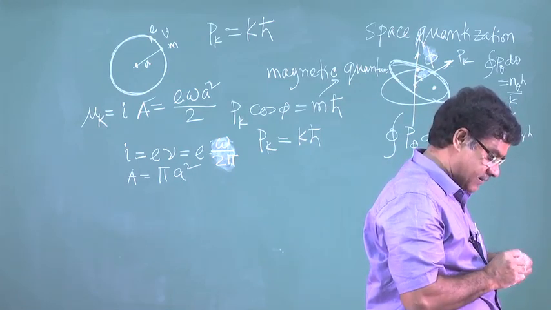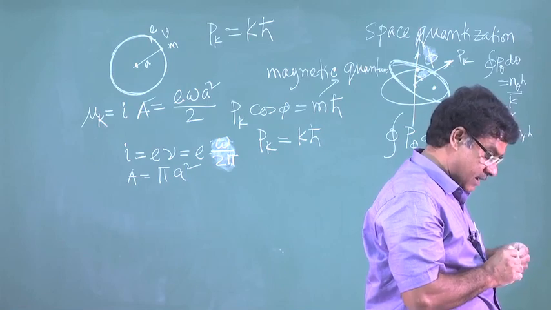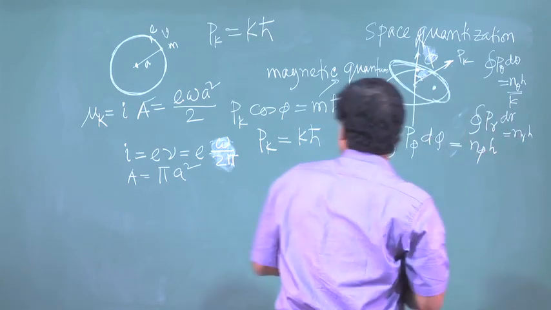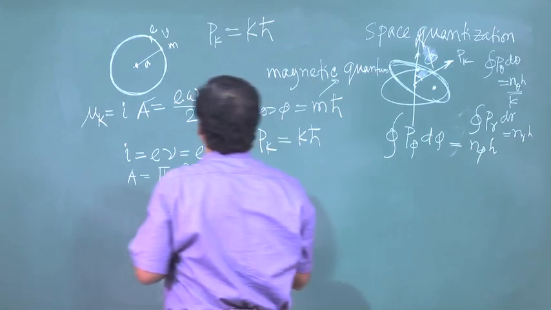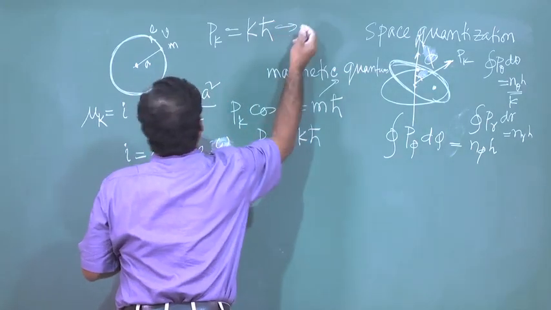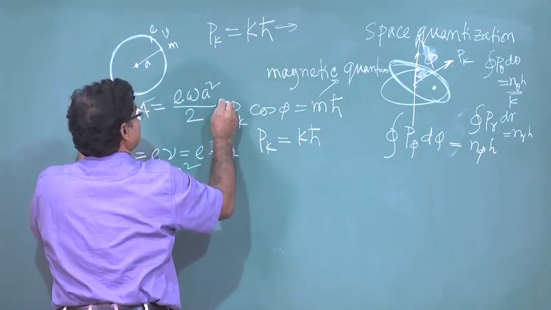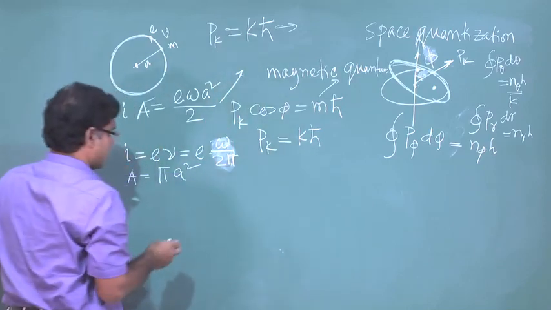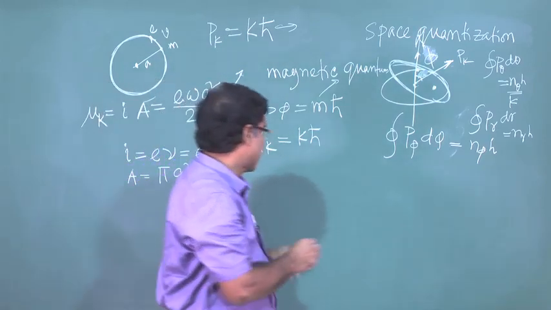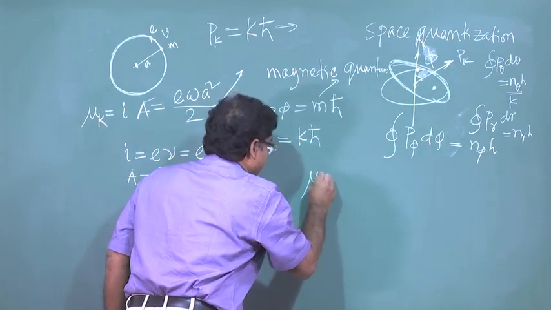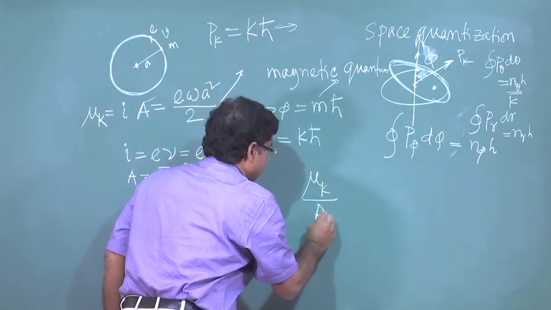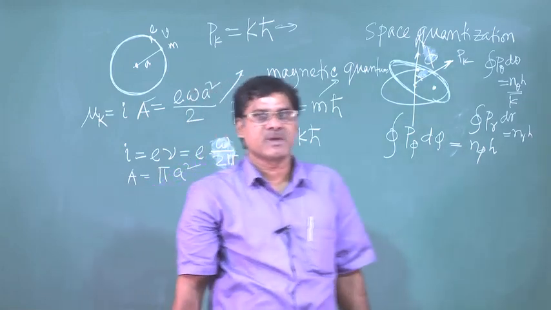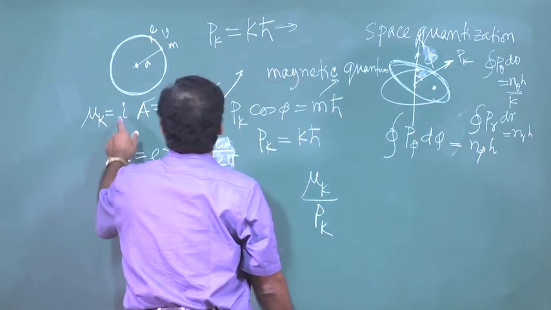So, here now if I take the ratio of pk and mu k, if I write mu k by pk, what will I get?